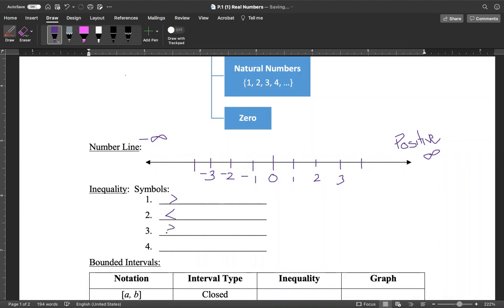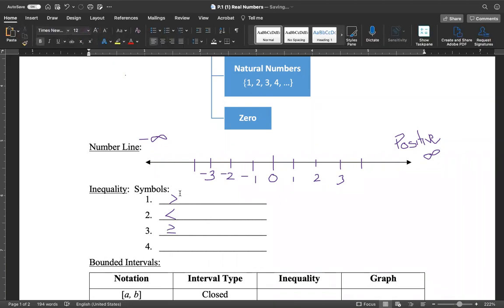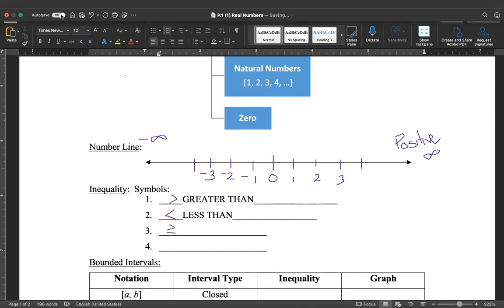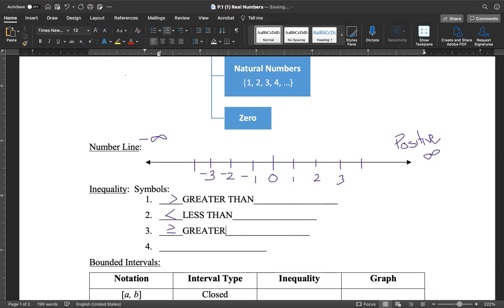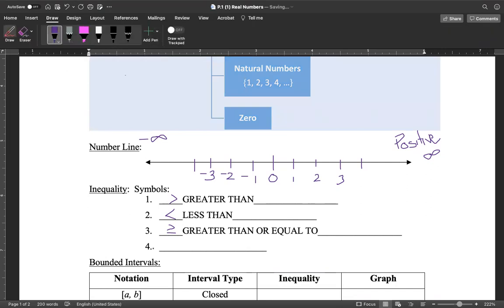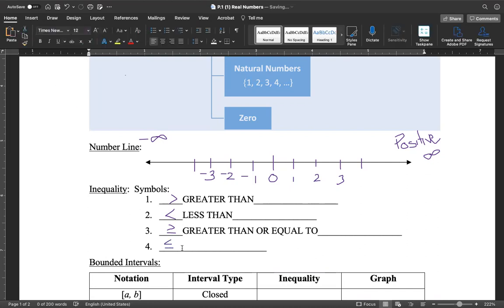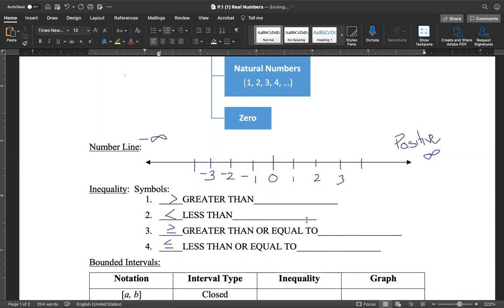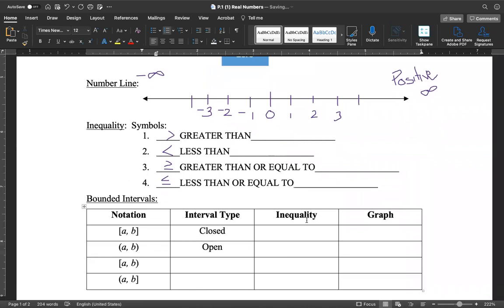Here we have greater than or equal to. And then here we have less than or equal to. Right, so there's our 4 inequality symbols because we're going to look at those on a number line.